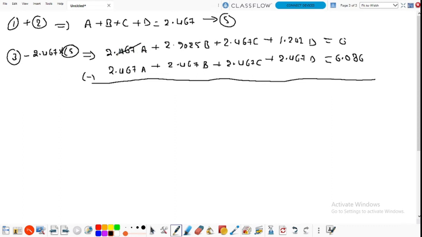2.467a minus 2.467a is cancelled, and 2.467c minus 2.467c is cancelled, and subtracting the remaining values we get 0.4355b minus 1.2648d is equal to minus 6.086.